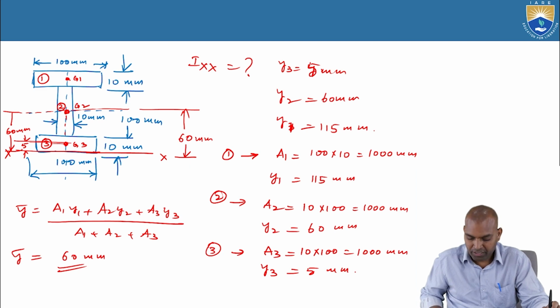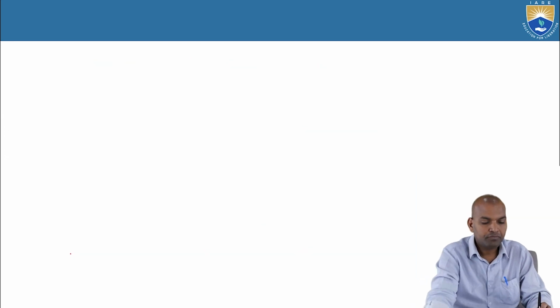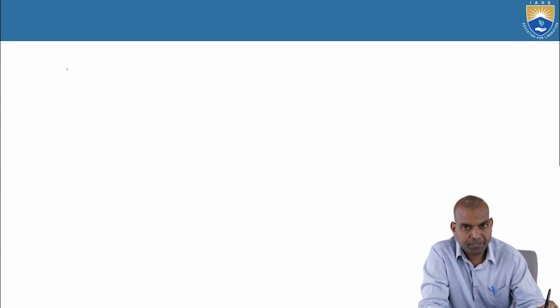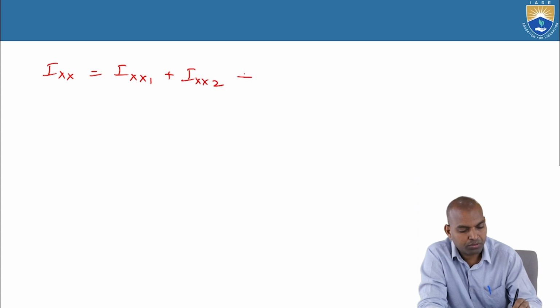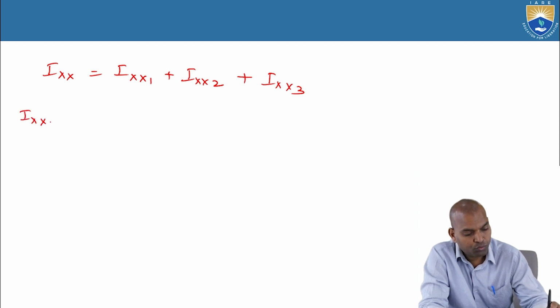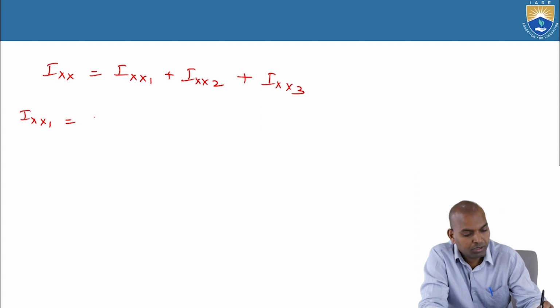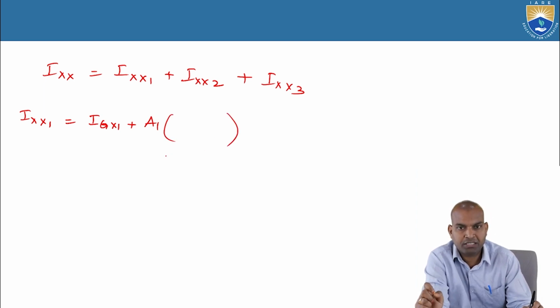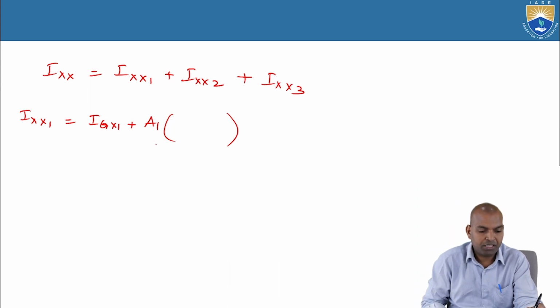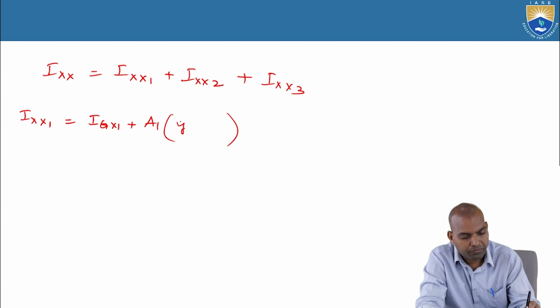Next, after calculating bar Y, we find the individual sections. IXX equals IXX1 plus IXX2 plus IXX3, for sections 1, 2 and 3. Now what is IXX1? IXX1 equals IGX1 plus A1 times the distance between the centroid of section 1 and the center of gravity, that is bar y minus y1, whole square.